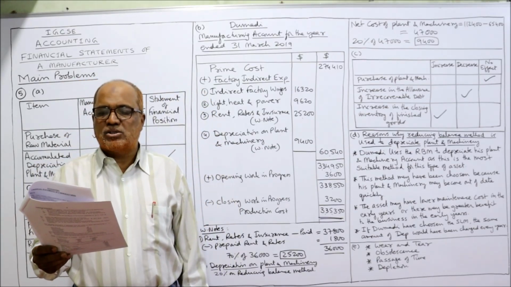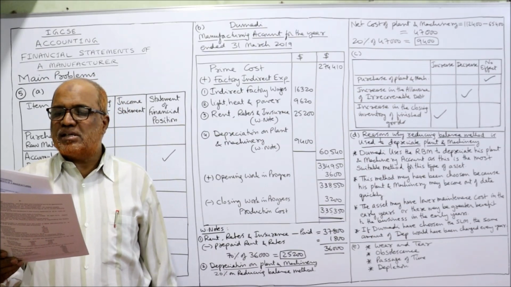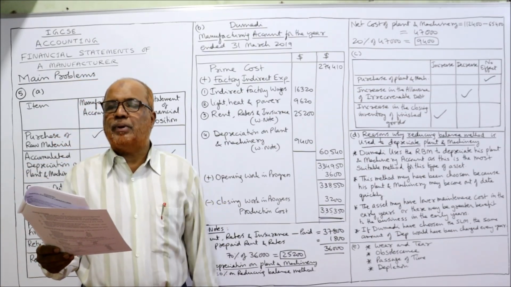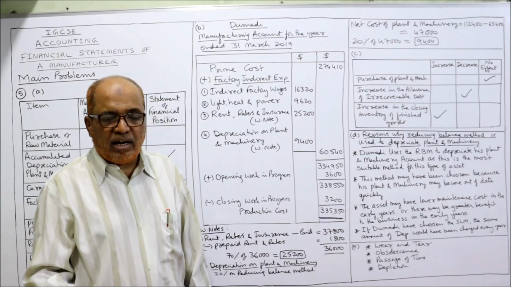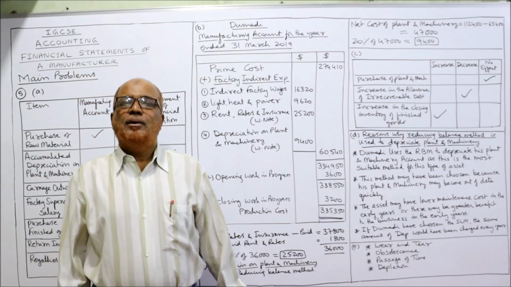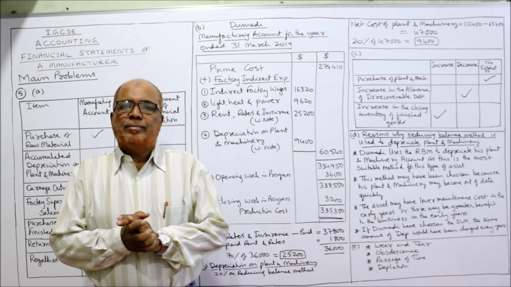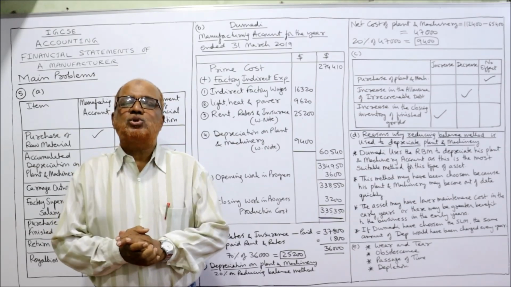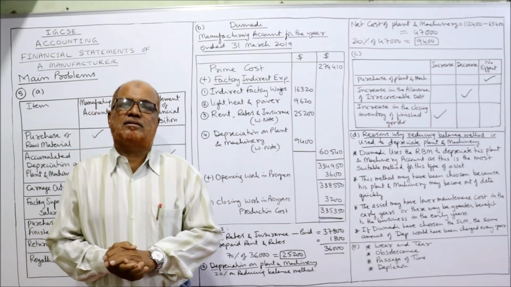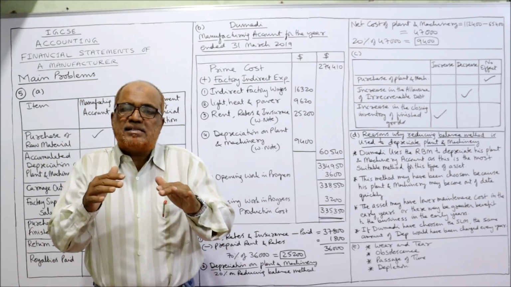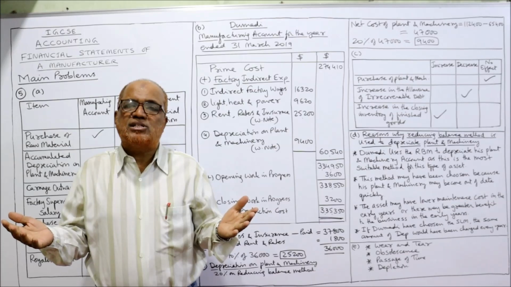Discuss the reasons why Dumadi uses reducing balance method to depreciate his plant and machinery rather than straight line method. Normally, very commonly, we use 2 methods of depreciation, straight line method and reducing balance method. So for some assets, reducing balance method is suitable.